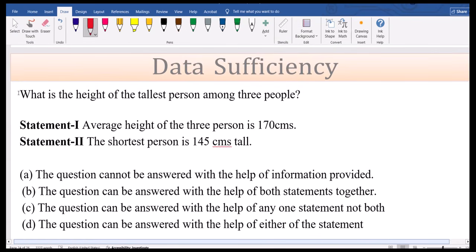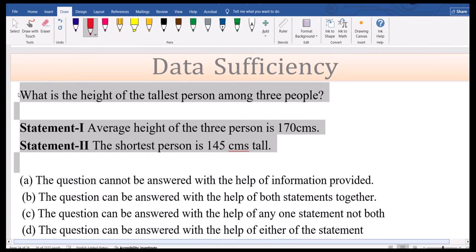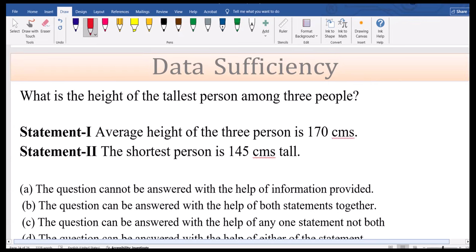Next, what is the height of the tallest person among three people? Can we calculate that? Two alone is not possible, and one alone is also not possible.